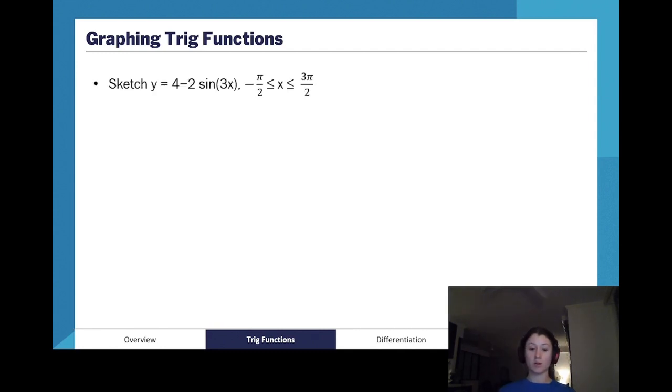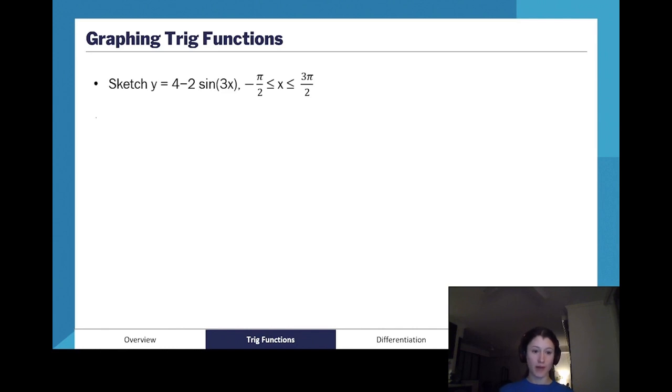So let's get on to an example. Here we need to sketch y equals 4 minus 2 sine 3x between negative pi on 2 and 3 pi on 2. So, let's get started.